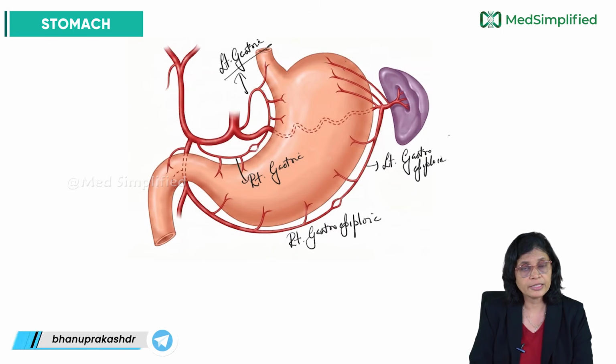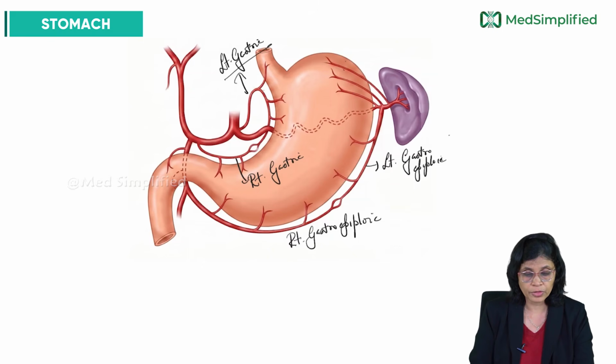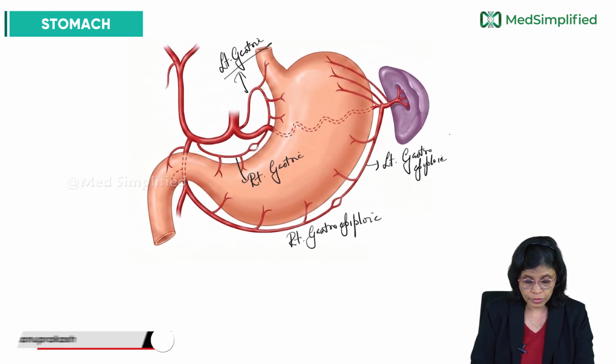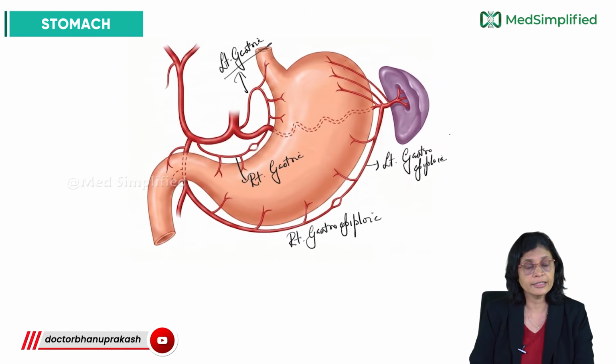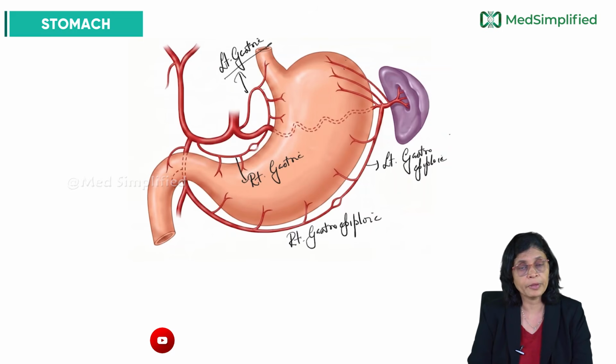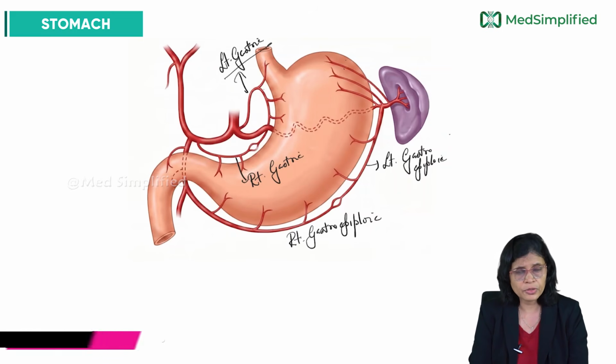So if there is occlusion of these elongated mucosal vessels, it can produce ischemia along the lesser curvature. Any occlusion or obstruction there can produce ischemia, and that is why peptic ulcers are usually more common there, because for any ulcer to heal there should be a good supply of blood, and that is compromised along the lesser curvature.